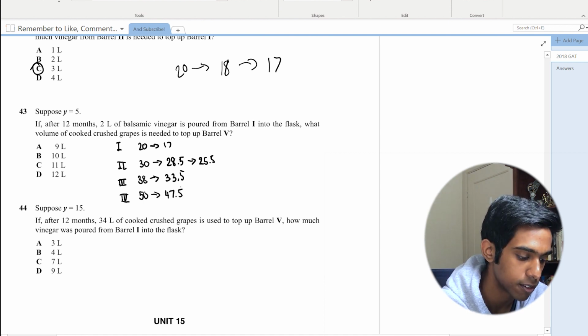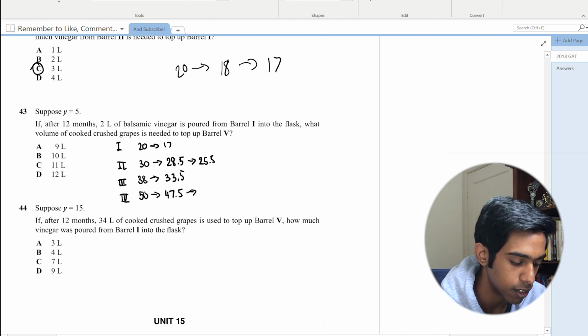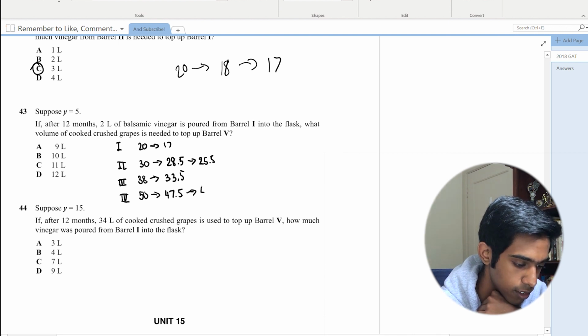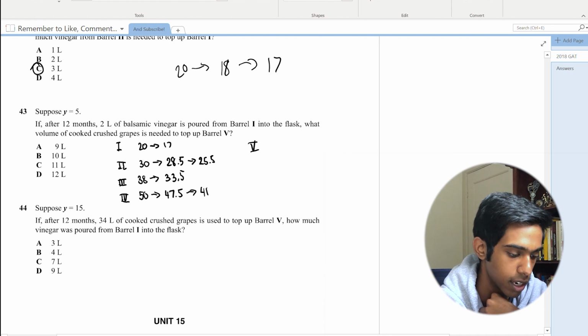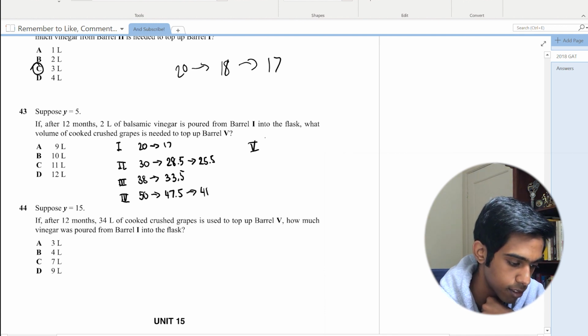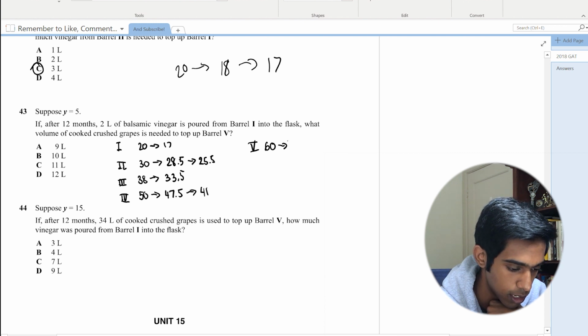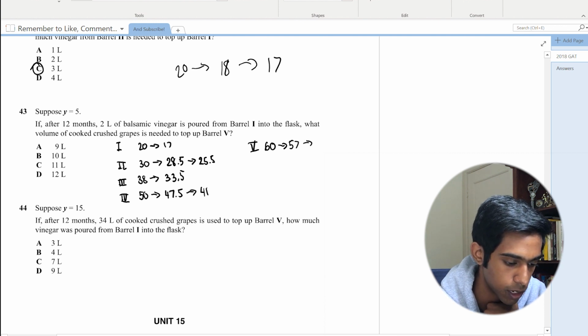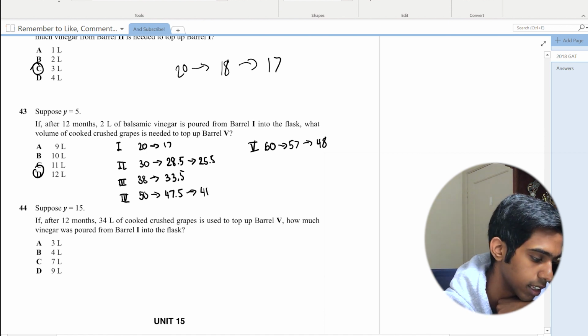Now we lose 2.5, so we get 47.5. And then we also have to fill 6.5 liters for barrel 3, so then we get 41. And then for barrel 5, we started with 60, we lose 3, so we get to 57. Then we have to fill up 9 as well. So that gives us 48, and that's 12D.